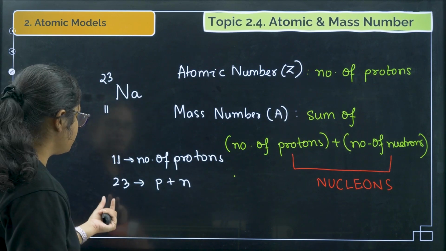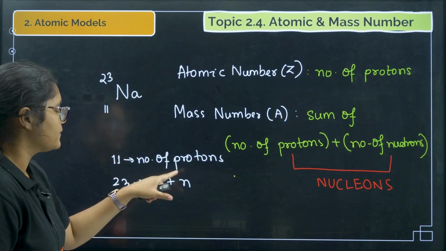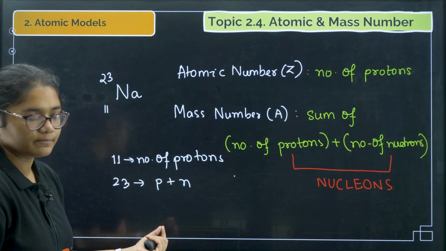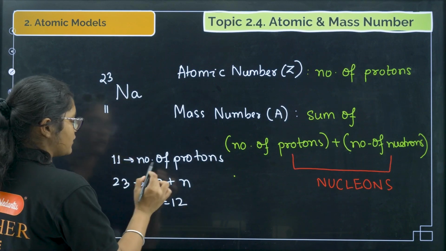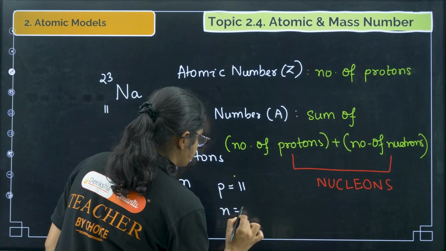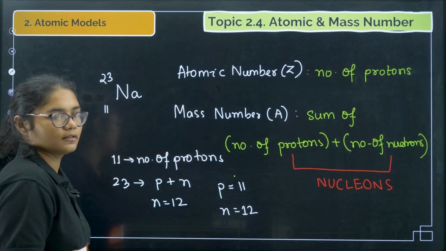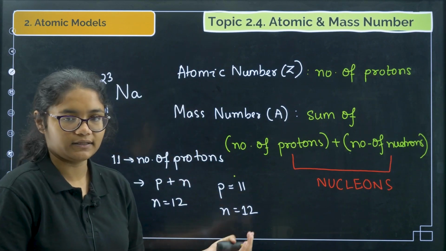Okay, so now if you know that number of protons is 11, then what will be the number of neutrons here? So number of neutrons will be 12, right? So I can say that protons is 11, neutrons is 12. Okay, and the total number, or I can say the nucleons, is 23.